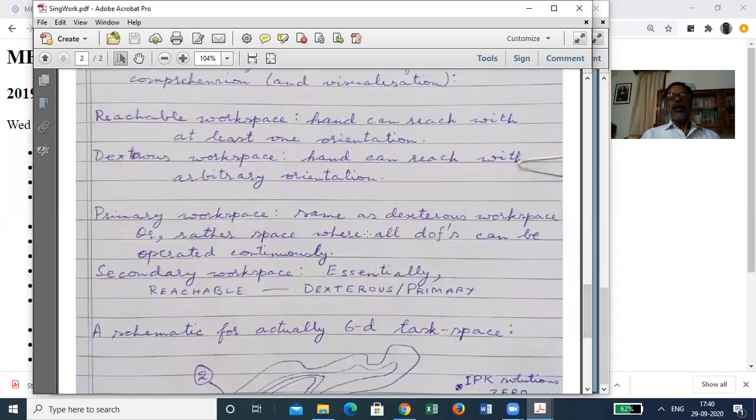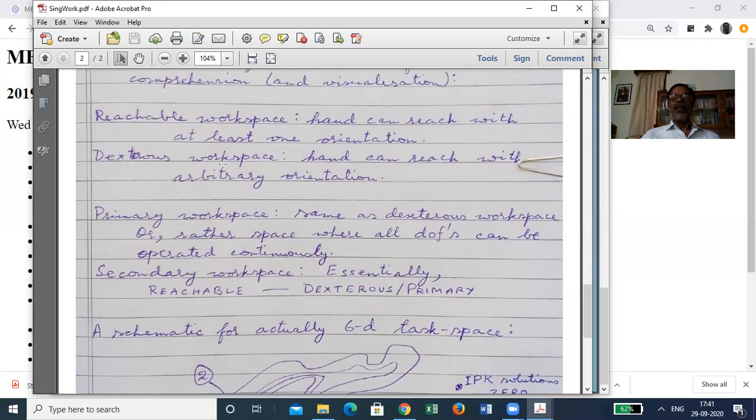So one way of classifying workspace segments of different quality has been reachable workspace and dexterous workspace. So reachable workspace is the set of all those points where the end effector can reach, okay, with at least some orientation. Okay.